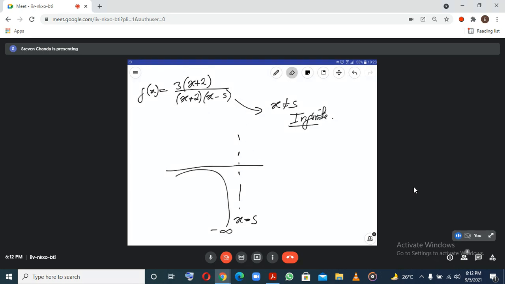Now you may be wondering, why didn't we make x plus 2 an asymptote? Because it's in the denominator, meaning that we are not supposed to have negative 2. Now remember, what is unique about this x plus 2 is that we can cancel it, right? So we can remove it.